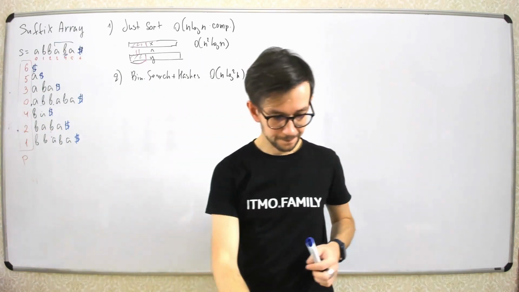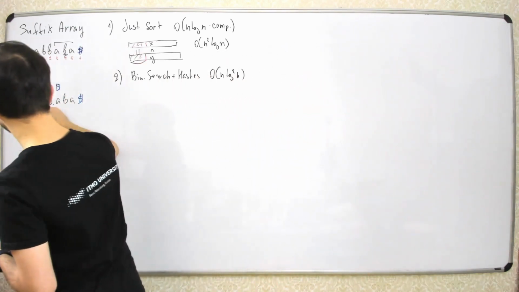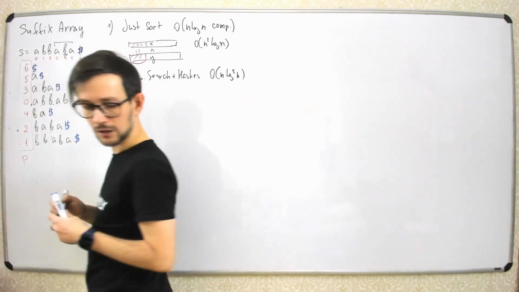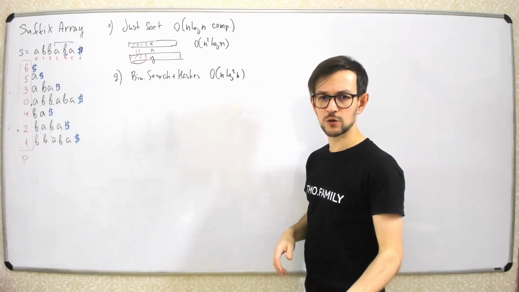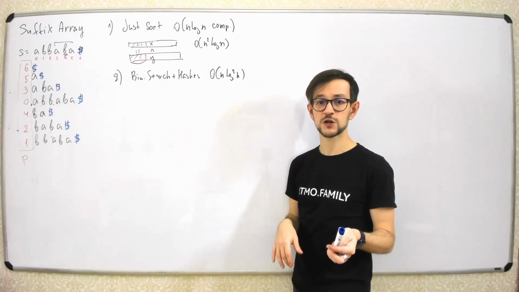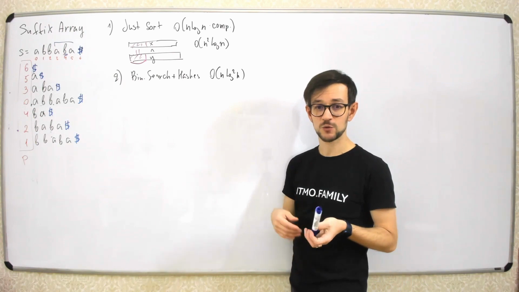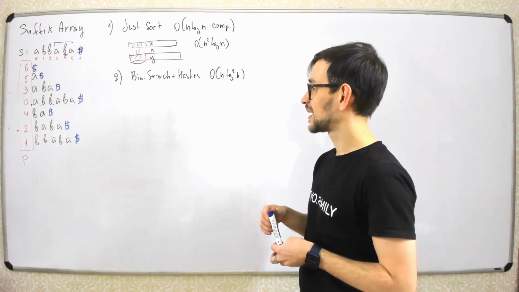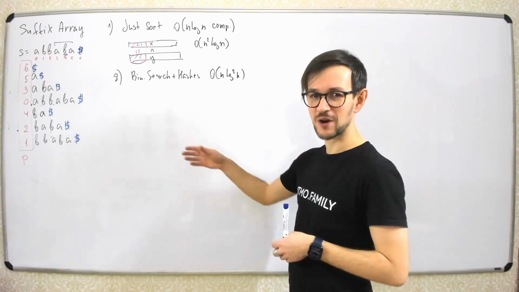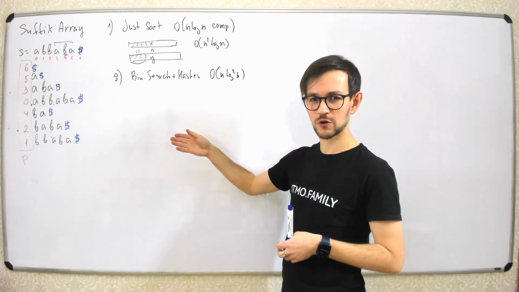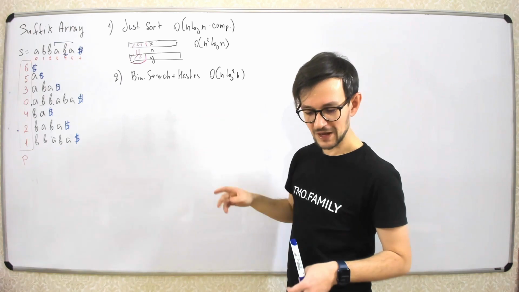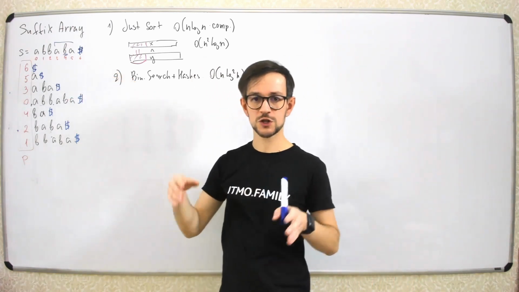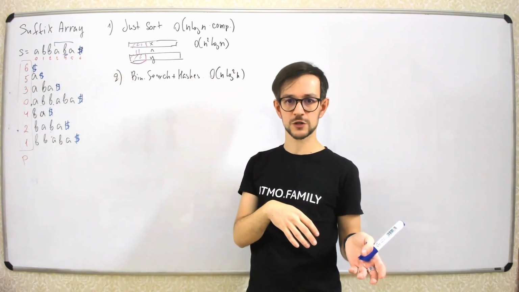In practice you can use the zero character. Actually, in C++ you have a zero character at the end of the string, so it's quite useful. But it's hard to write a zero character on the whiteboard, so I will use the $ sign. So this $ sign is a special character which is less than all the characters of your string.